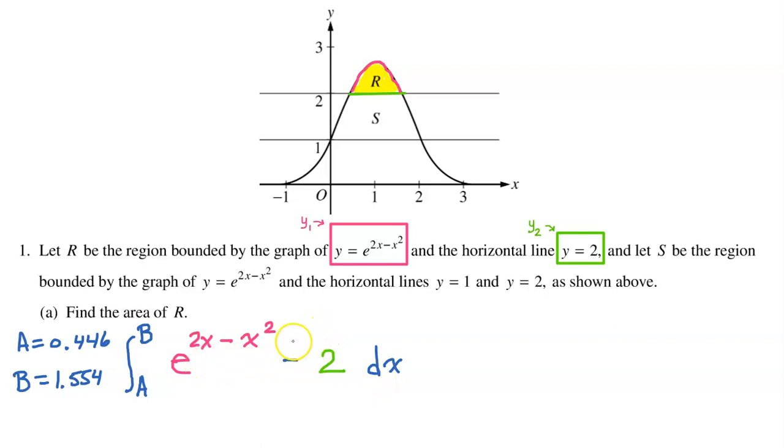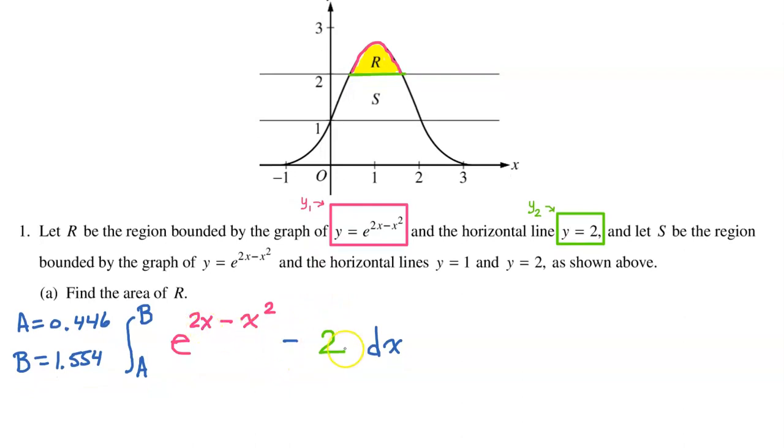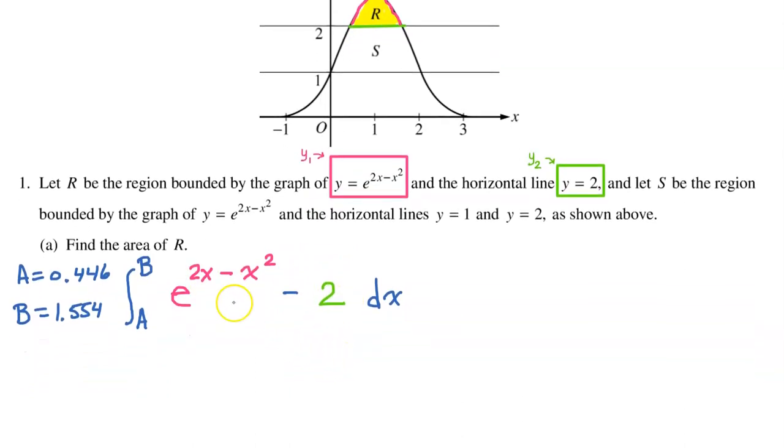I am now ready to evaluate this integral. When I do this, I am not going to type in 0.446. I'm going to use the letter A. Similarly, I will use the letter B when I do my integral. Also, just remember that we typed the red function in as y1, and we typed the green function in as y2.